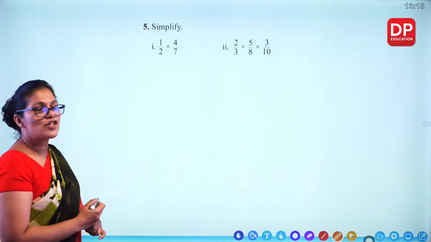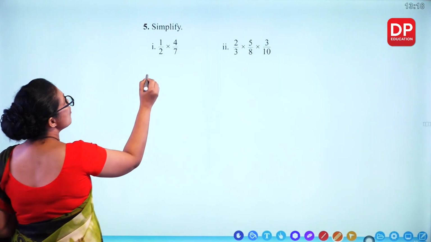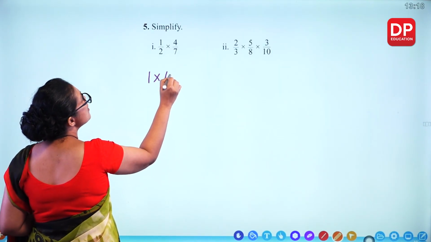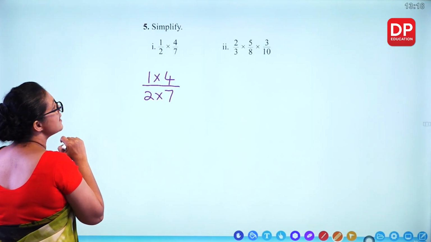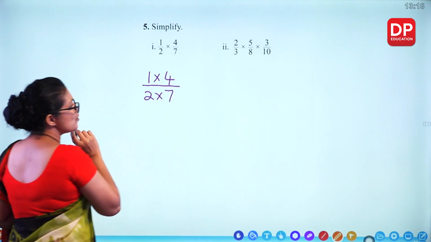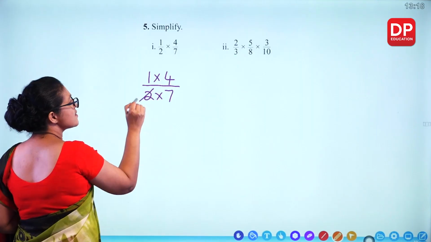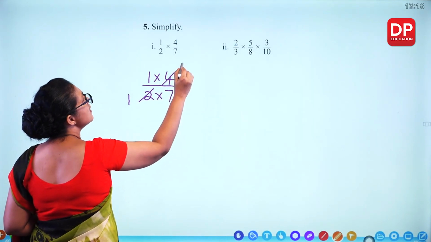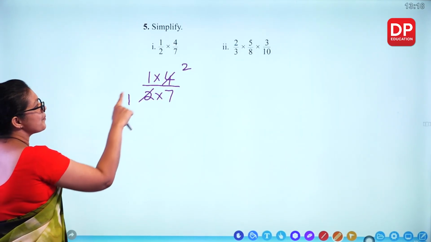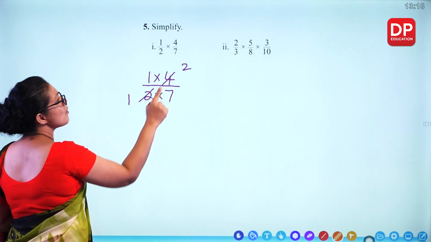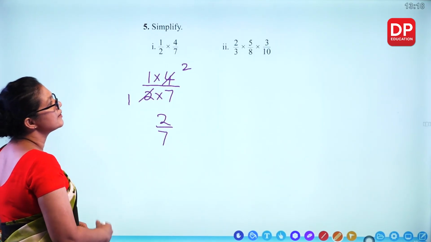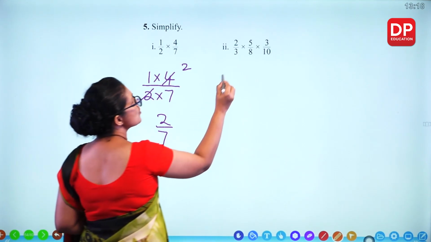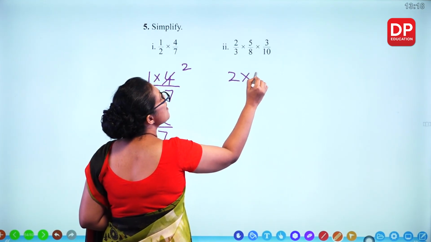Simplify. This is fraction multiplication. What you do, multiply the numerator separately and the denominator separately. Can you simplify? Yes, you can divide by 2 here. You get 2 there. 1 into 2, 2 over 7. This one, 3 fractions, but you do the same thing.